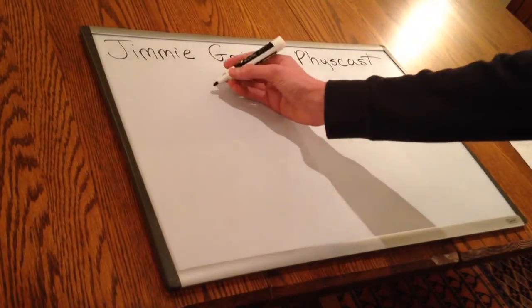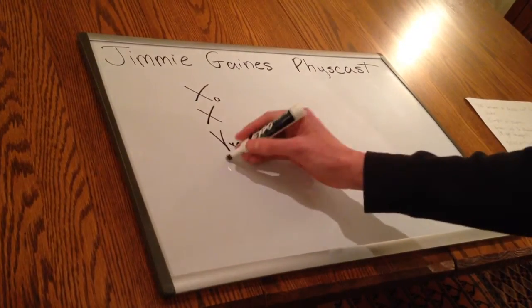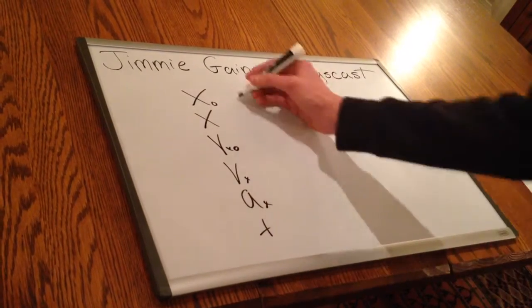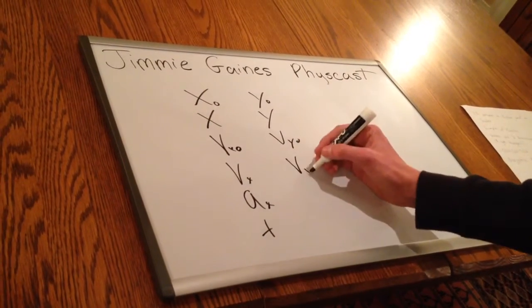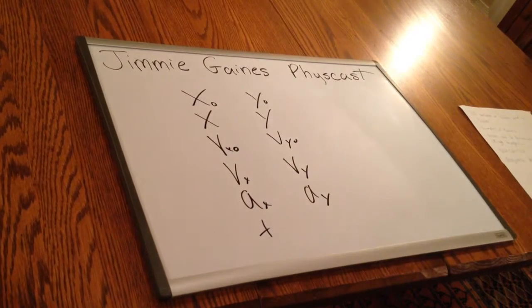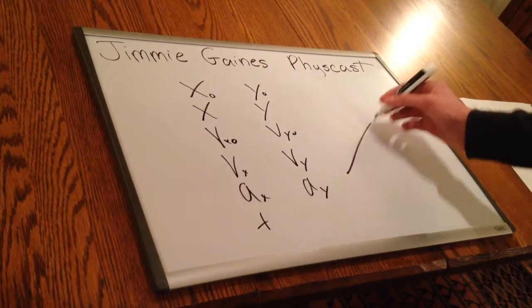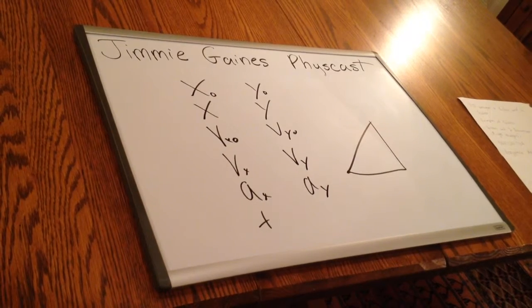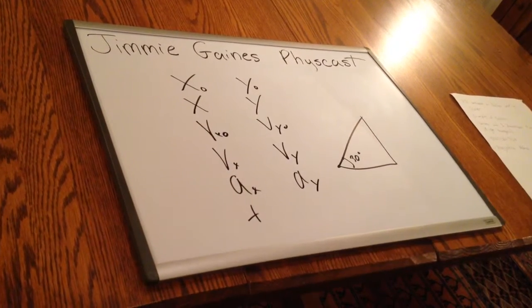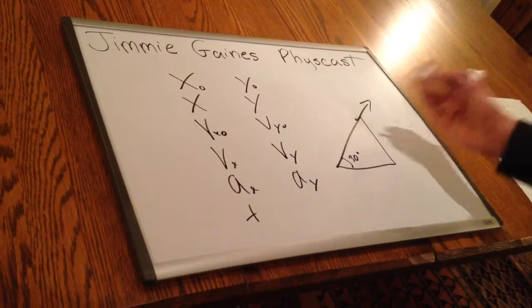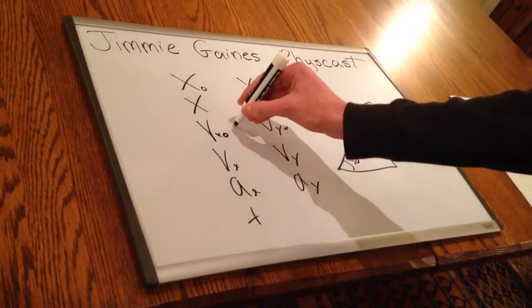So if we go back to our table, you can fill in your velocity in the x direction by finding the sine, cosine, or tangent off of the angle and the original full velocity as the vector. So that will be a constant. That'll go right here and right here.